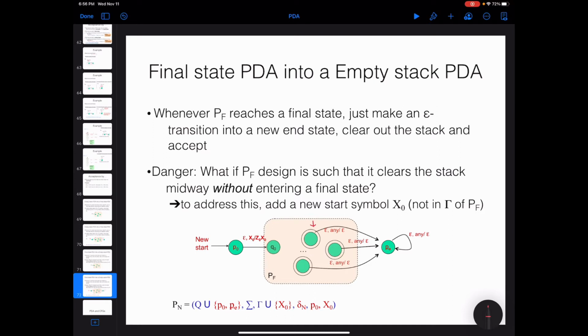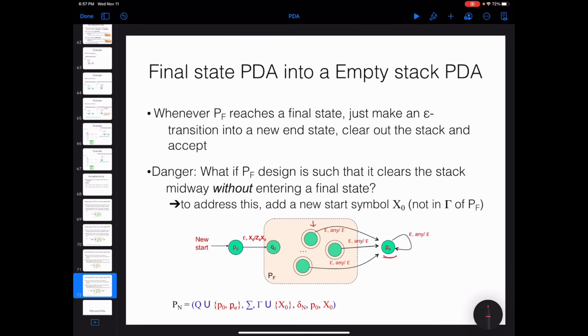But to convert this pushdown automata to a pushdown automata that accepts by empty stack, the only thing that I need to do is to just empty the stack at the final states. So I'm going to just add a new state, okay, and add a transition from all of the final states to this new state.